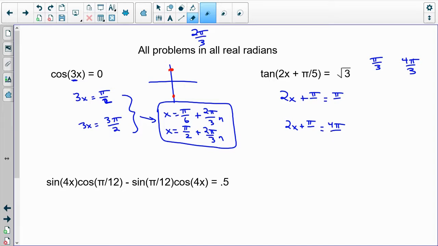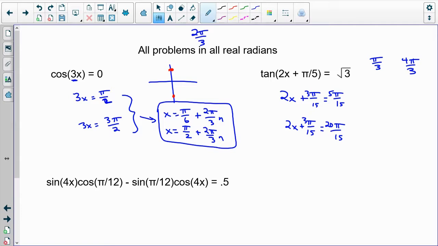So my common denominator will be 15. And then I have to make sure that I get the numerators correct. So I had a pi over 3 that becomes 5 pi over 15, and pi over 5 becomes 3 pi over 15. So 4 pi over 3 becomes 20 pi over 15.